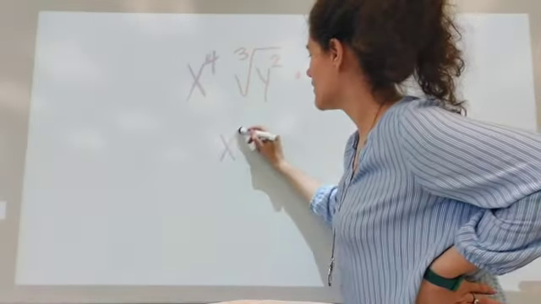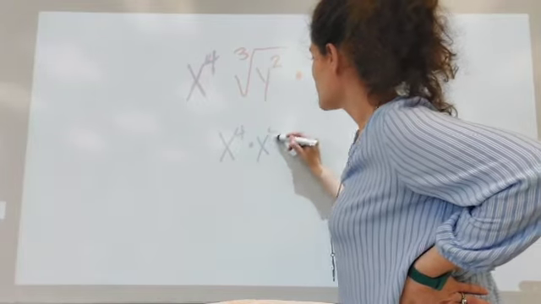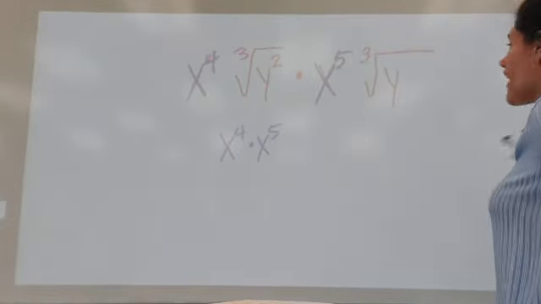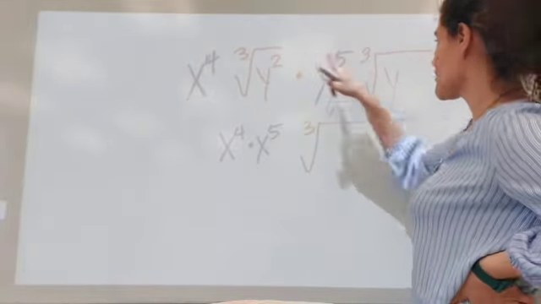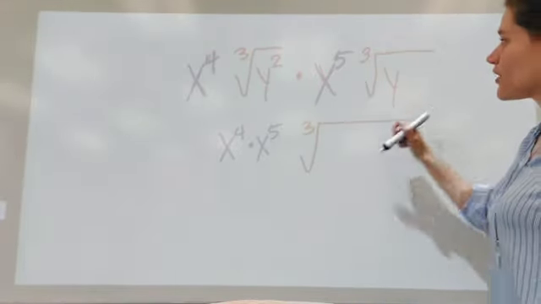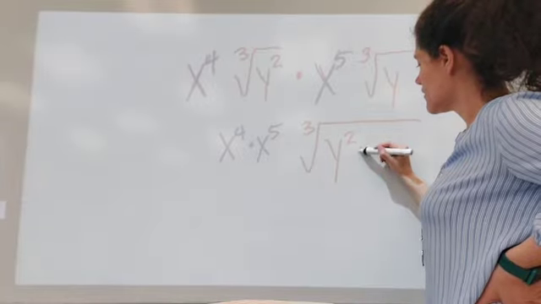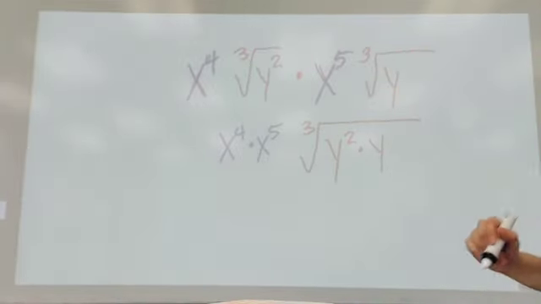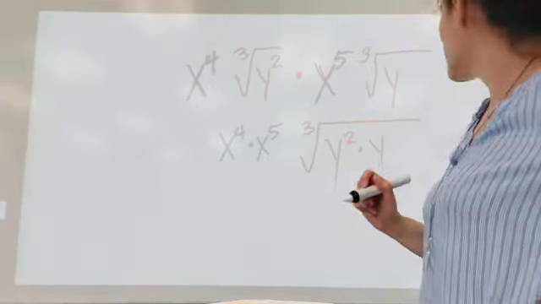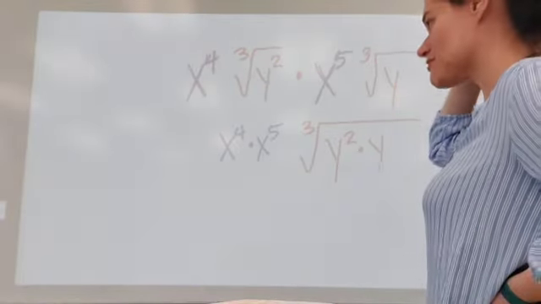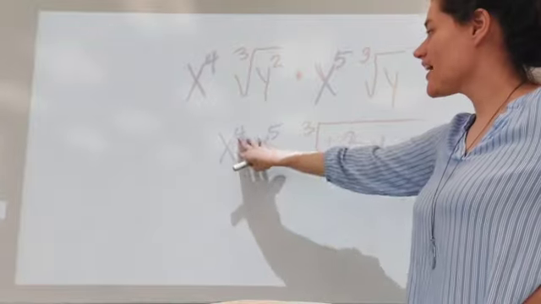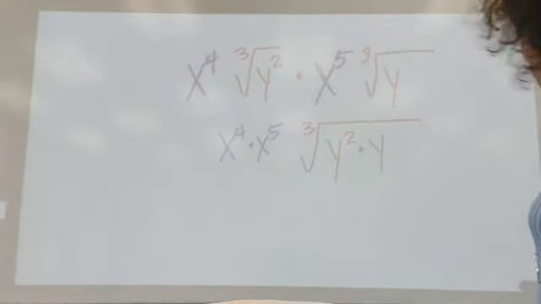So that's here. And then the cube root of y squared times the cube root of y here. So now when I do this multiplication, I have x to the 4th times x to the 5th.